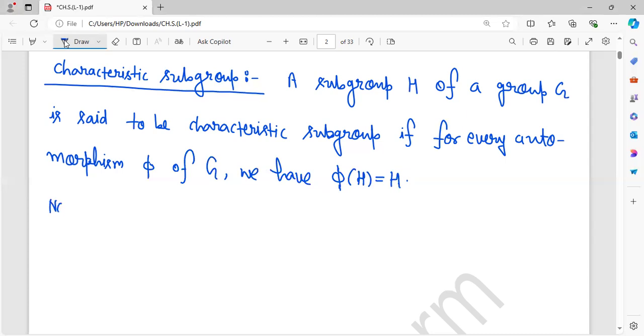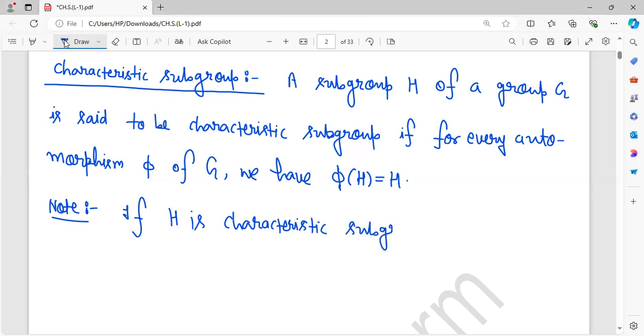Note, if H is a characteristic subgroup of G, then we write H char G. This is the notation.